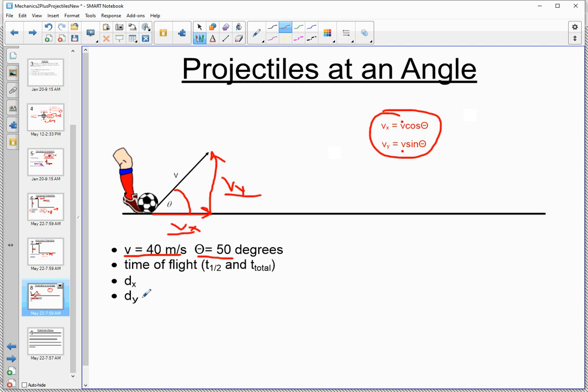Typically, we'll use d equals vit plus 1/2 gt squared. Now, vi is not 0 anymore. Of course, you have an initial y velocity. So why don't you put it on pause and go ahead and step through finding the time of flight, the dx and the dy, and we'll see how you did.